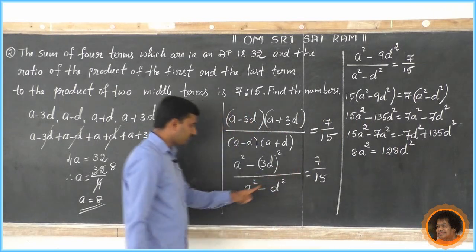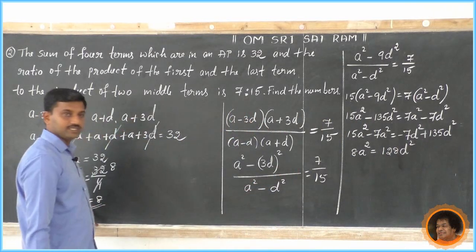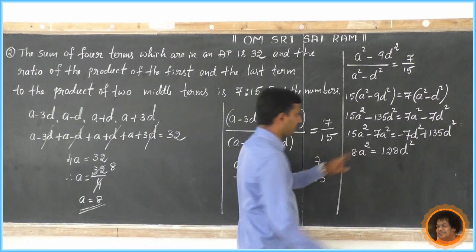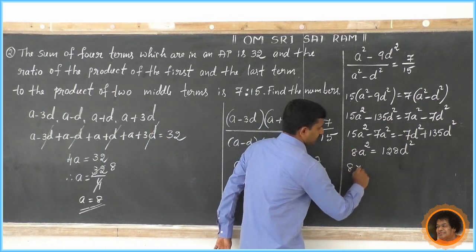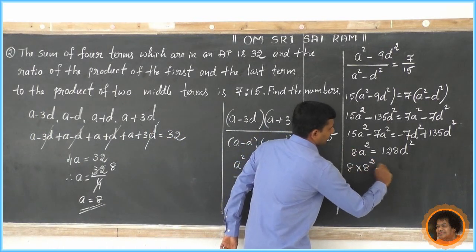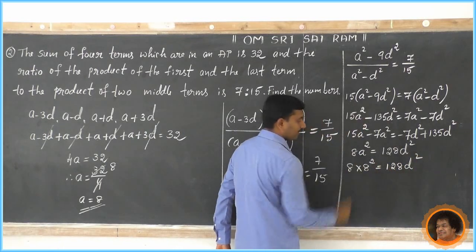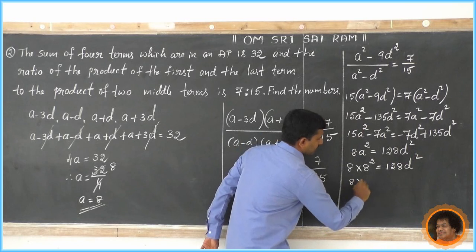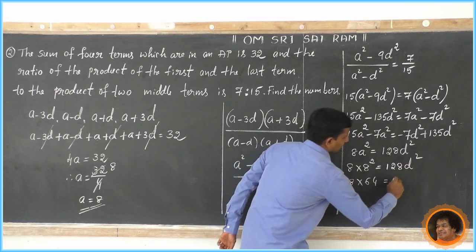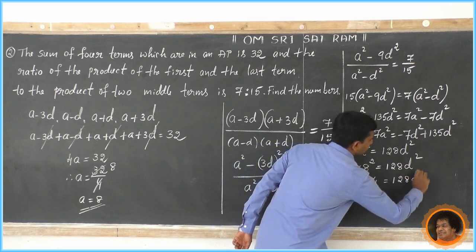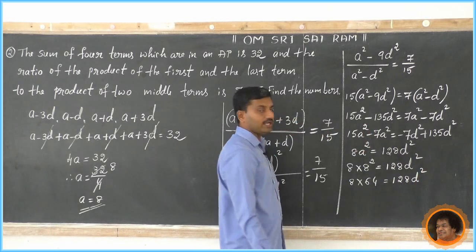So what is the value of a? a is 8. Now substitute the value of a. So 8 into 8 square equals 128d square. 8 square is 64, so 8 into 64 equals 128d square. We have to find the value of d.